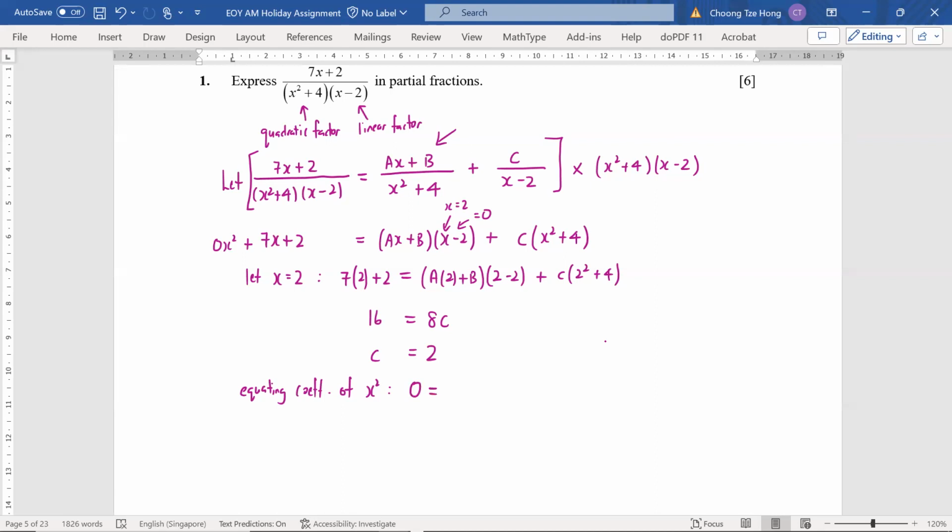Okay, so on the left side, coefficient of x squared is 0. On the right side, let's do term by term and see which terms will give us x squared. Over here, we can see we have ax times x. So we have ax squared. So a is one coefficient of x squared. Let's search if we can have any other. So no more others from this side.